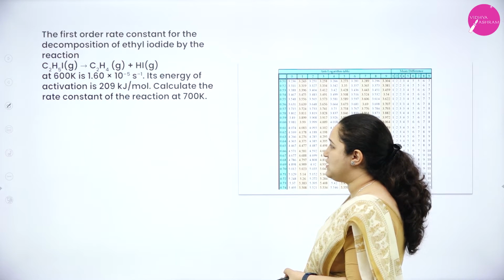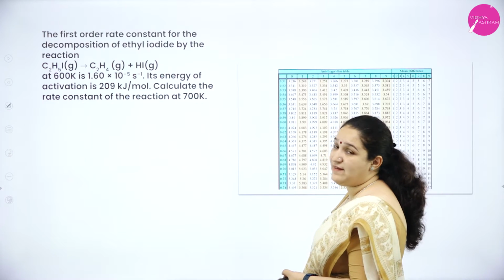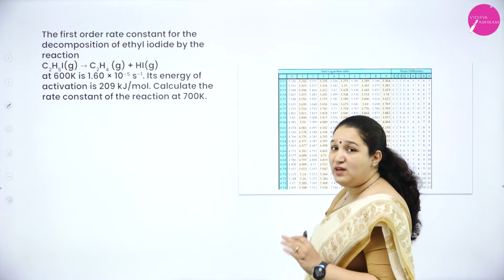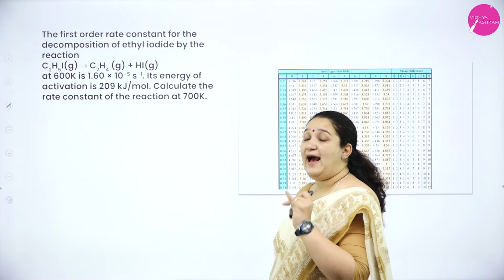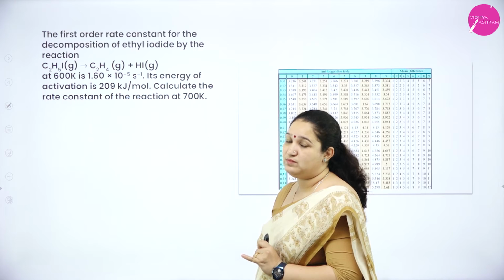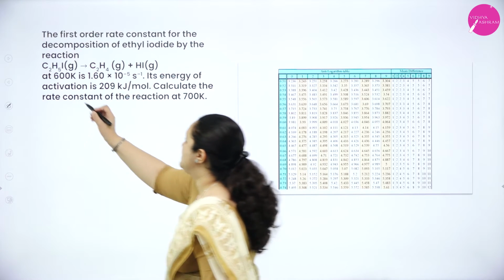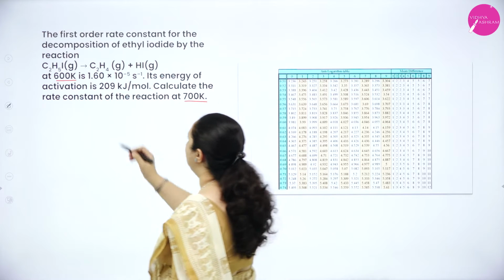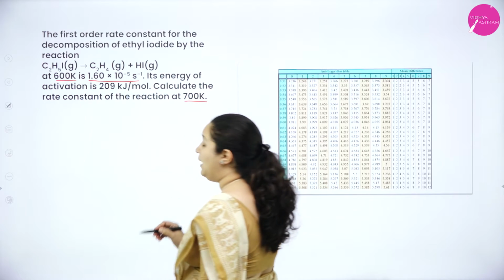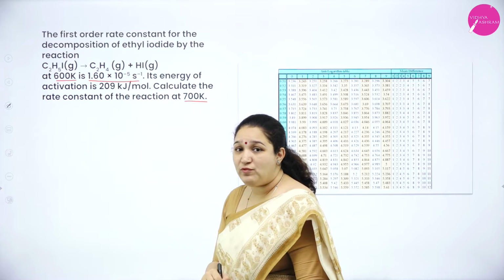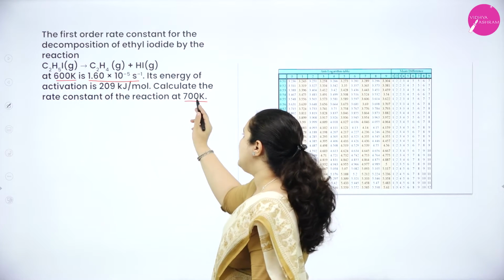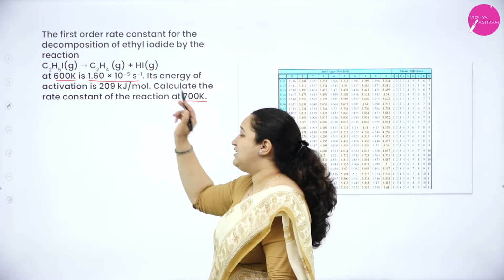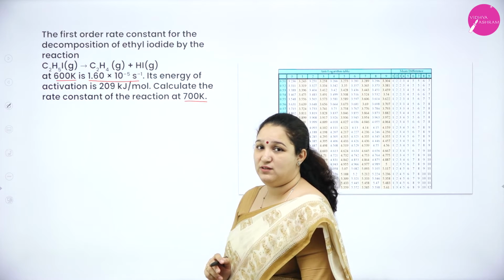Calculate the rate constant of the reaction at 700 Kelvin. So here in this question, activation energy is given. Two temperatures are given, that is 600 Kelvin and 700 Kelvin. At 600 Kelvin they have given the rate constant, but we are supposed to find out the rate constant at 700 Kelvin when activation energy is given.